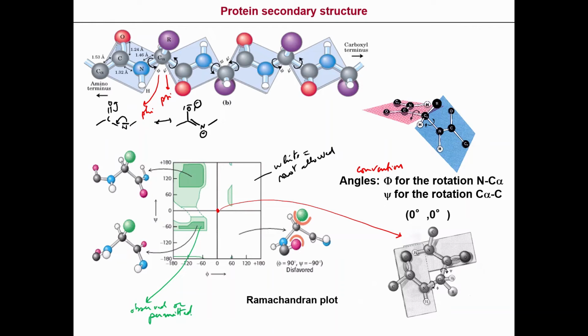If you see the van der Waals radius of each atom, for example, for the O, O, which is not allowed, an unallowed conformation, you have steric constraint between the H and the O. It would be a repulsive interaction between these two atoms because of the van der Waals radius.